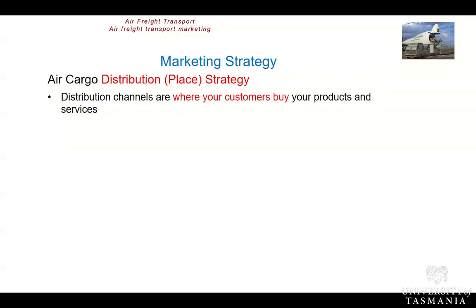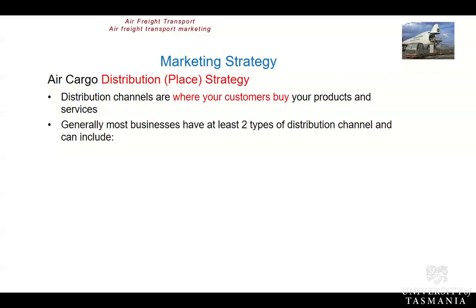As simple as that. Now, for the air cargo business, there's two main approaches that pretty well all businesses are going to have. One is if you go direct to the business and you make that purchase. So it's customers buying the product from you direct.